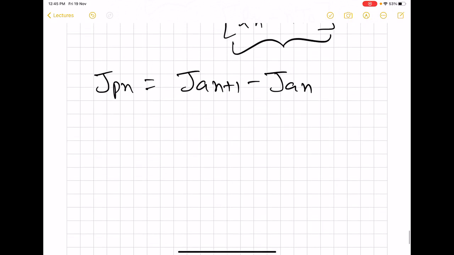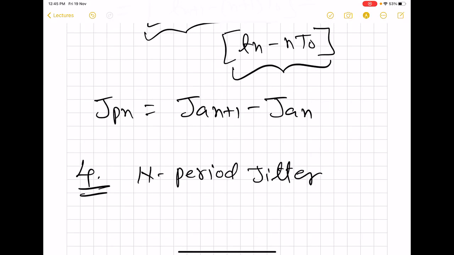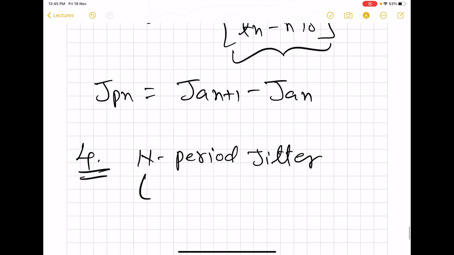Rather, we try to find out the difference in the duration of n cycles of non-ideal with respect to n cycles of the ideal case. So we define a slightly modified version of this period jitter as n period jitter, and this is also called accumulation jitter because we are talking about the deviation of n cycles of non-ideal waveform from the ideal case.